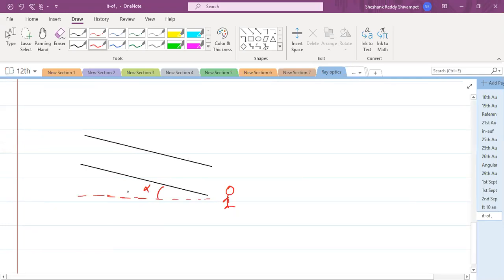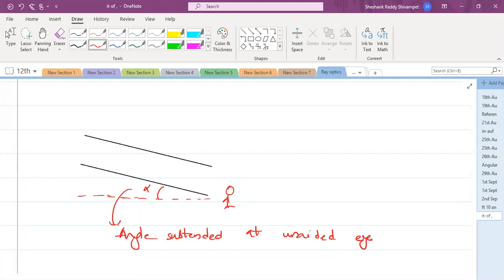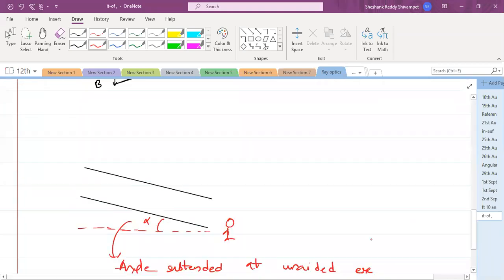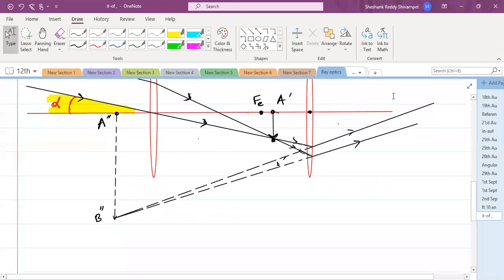So this is called what? Angle subtended at the unaided eye. If you come across this, इसका मतलब ये होगा, unaided eye, मतलब without any help. Normally अगर देखेंगे तो this would be the angle alpha. ठीक है? Now what is the angle subtended by the final image? क्या होगा?